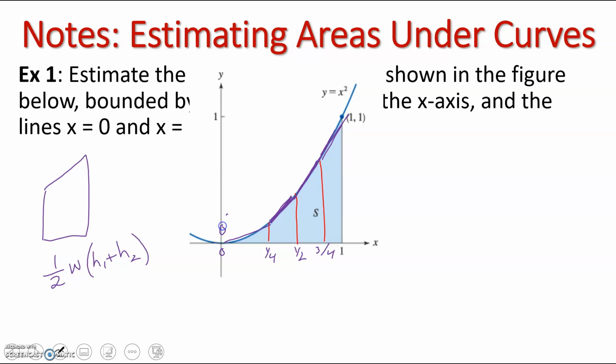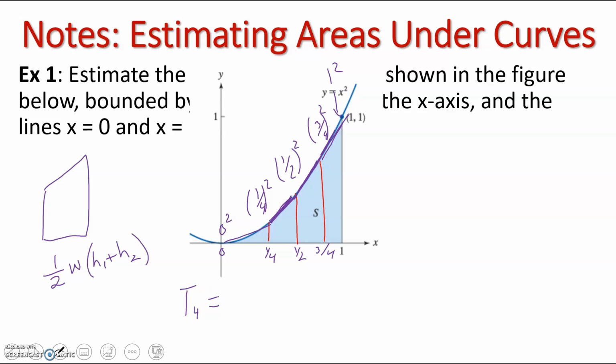And our heights are going to be 0 squared, 1/4 squared, 1/2 squared, and 3/4 squared, and then of course 1 squared. And we're going to be finding the area of each of those and combining them. And we're doing what's called T sub 4.